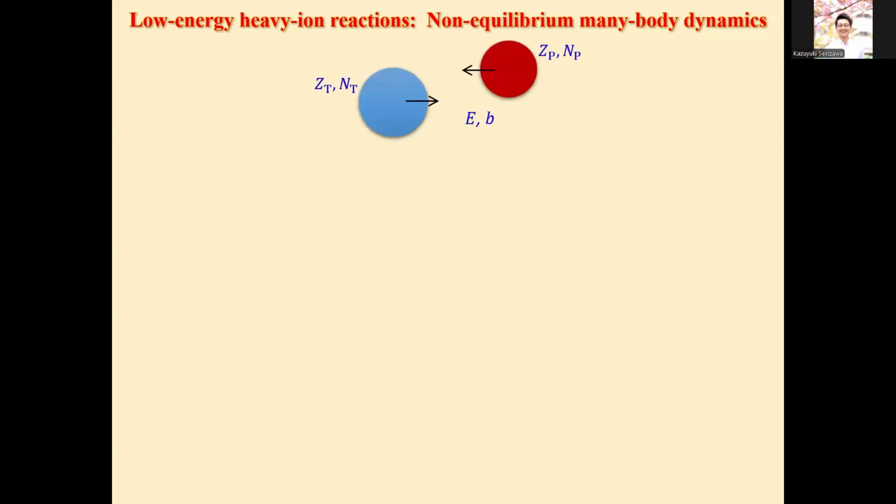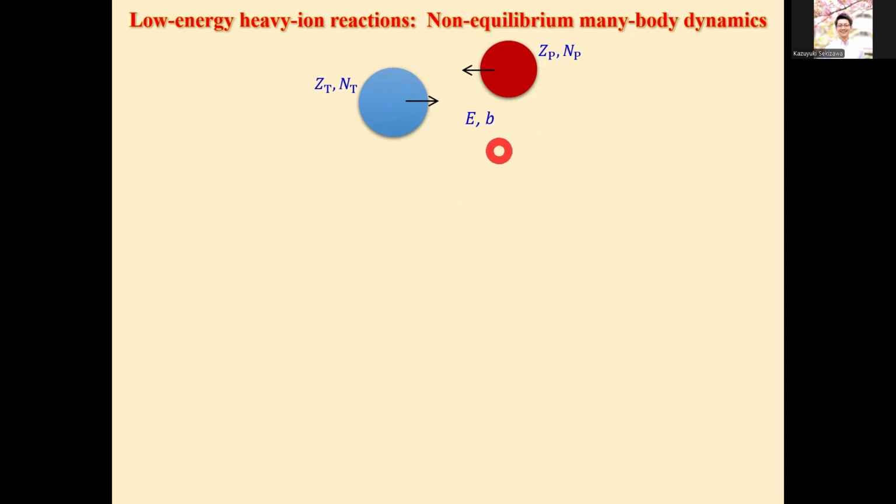The initial conditions are very simple. We have two colliding nuclei, the projectile and target, with proton number Z and neutron number N, with a certain center of mass energy and impact parameter.